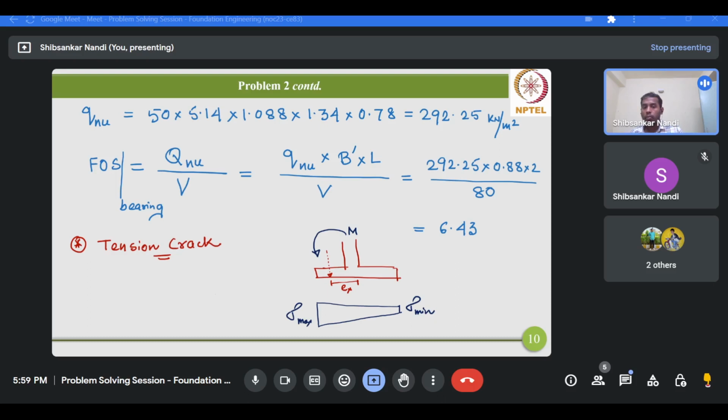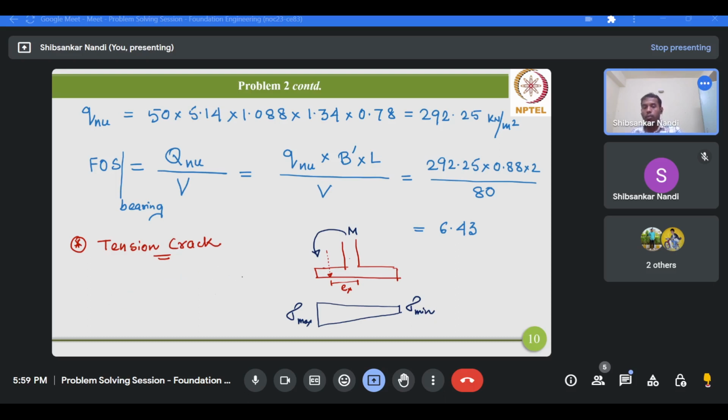You need to check whether this sigma max can be resisted by the bearing capacity of the footing, so that there is a sufficient margin of the soil bearing capacity against this sigma max. You can take this as the bearing capacity criterion: QNU divided by sigma max should be greater than 2.5 to 3.